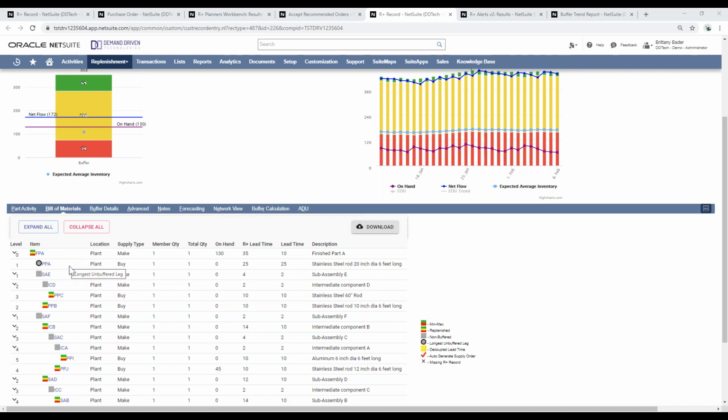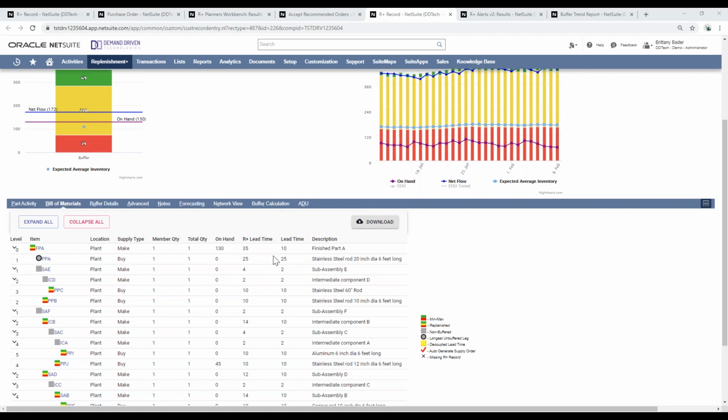That's my longest unbuffered leg, which just means that anytime I want to make FPA, I have to first purchase PPA, wait 25 days to receive it, another 10 days to make FPA, which is how I get this total R plus lead time of 35 days.